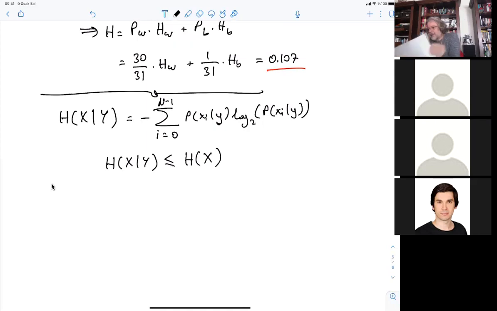The proof of this one can be done by you, but it uses the so-called Jensen's inequality.